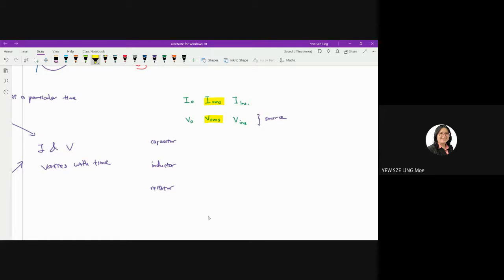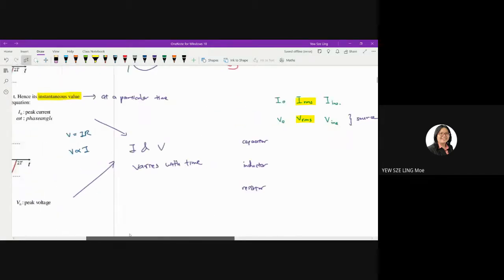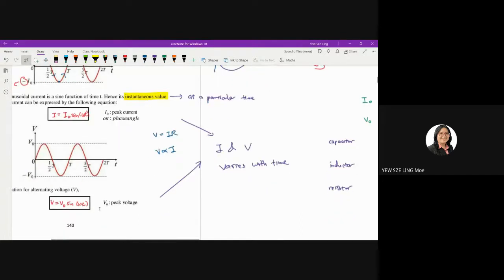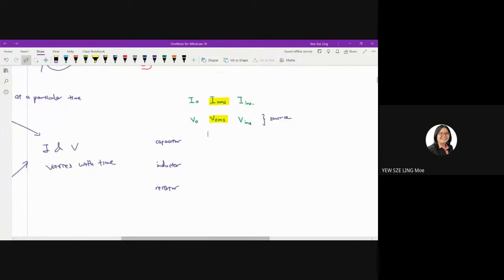If you look at the graph, the current keeps changing with time. So for an effective value, we calculate it by using RMS. We take the RMS value as the effective value in the circuit.